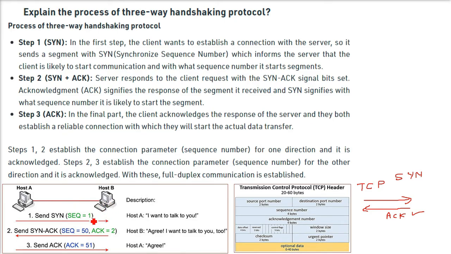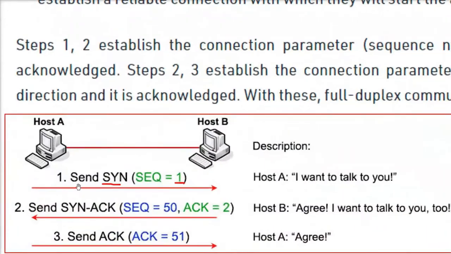So it will send a segment with SYN, that is synchronize, and it is sending a sequence number also. You can call it a synchronized sequence number, which tells the server that I want to start communication, and with this sequence number it starts segments.